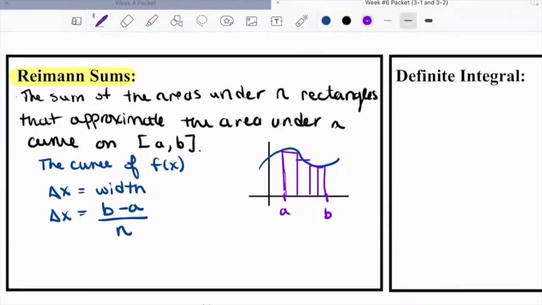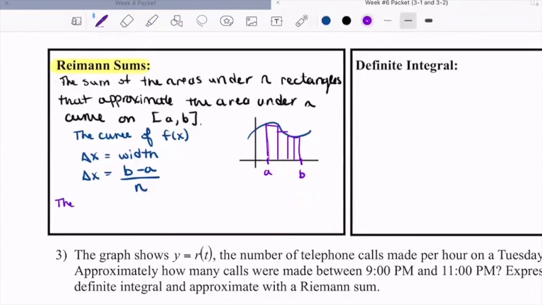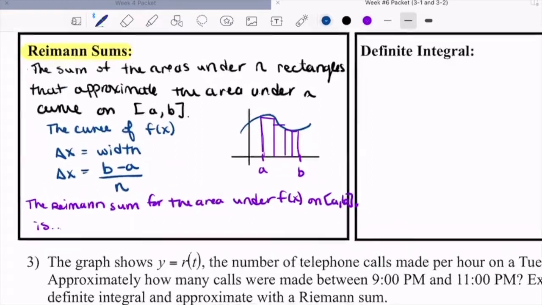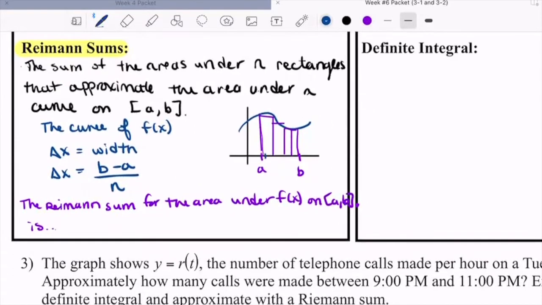To finish here, we'd say the Riemann sum for the area under f of x on a to b is the following. Let's call the values on our horizontal axis, our x-axis, x sub 1, x sub 2, x sub 3, x sub 4.